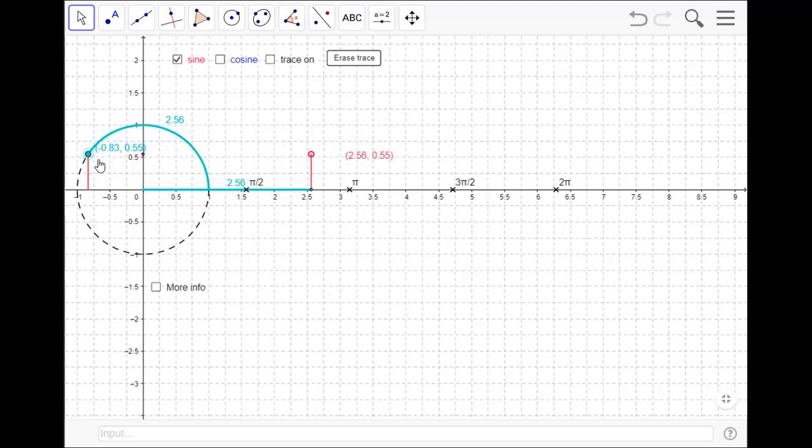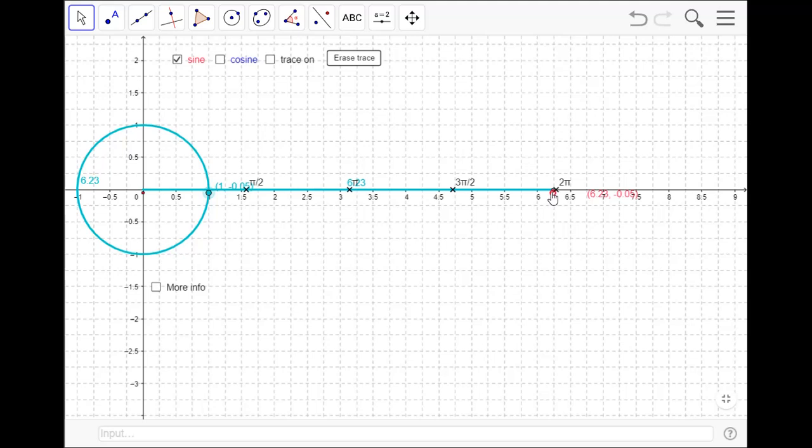The points you are seeing here are the different points, and after tracing all these points, you will get the graph of the trigonometric function sin x. If you still further increase the angle, you can observe the different points traced by the function y is equal to sin x. When it is equal to 2 pi, it reaches here.